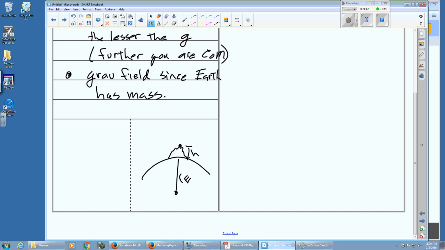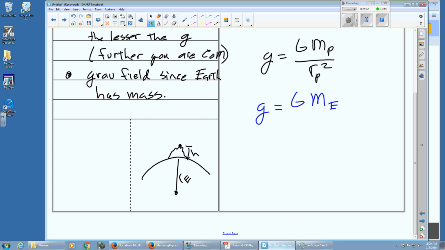Again, I'm interested in the field strength. So from my equation sheet, I'm going to grab little g, big G, mass of the planet, radius of the planet squared. In this case, I'm going to have G, our universal constant, mass of the Earth, over, now remember, that's how far I am from the center of the Earth, the center of mass of the system.